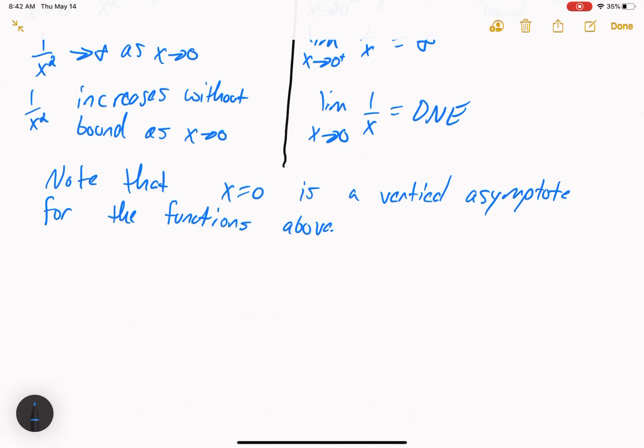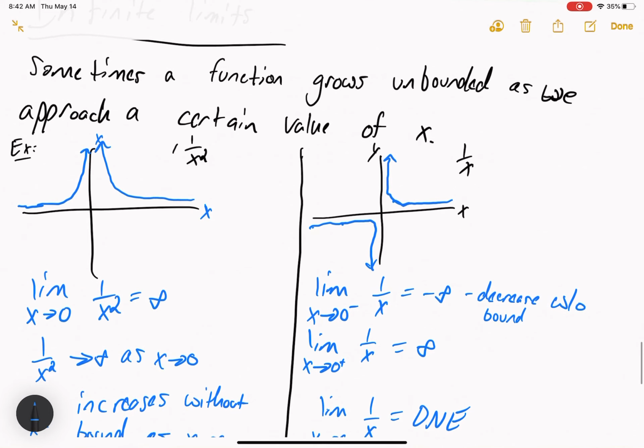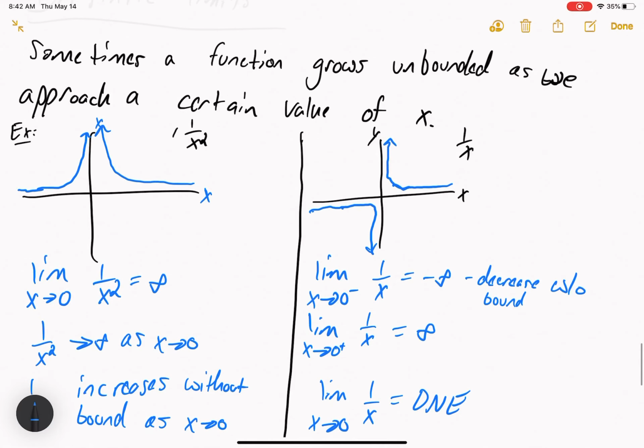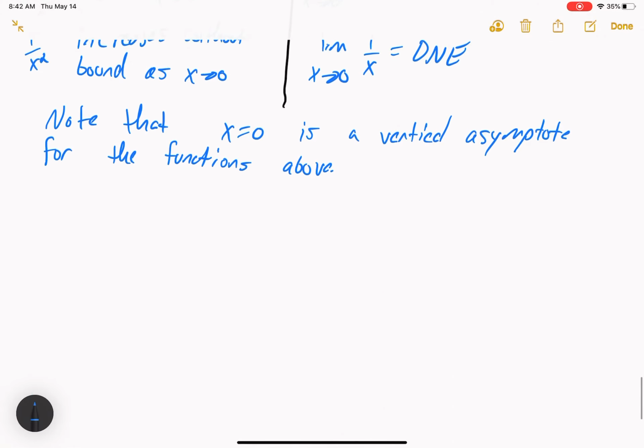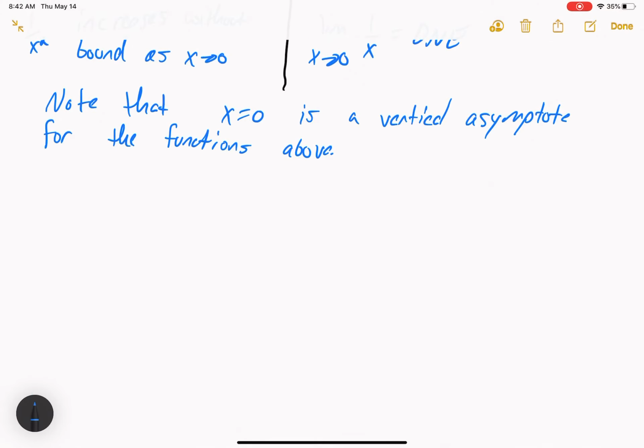The fact that x equals 0 is a vertical asymptote for these functions is actually important. It's where the idea of asymptotes comes from: your function approaches positive or negative infinity.